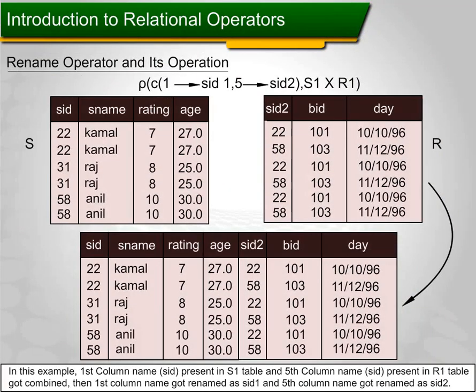In this example, the first column name SID present in the S1 table and the fifth column name SID present in the R1 table got combined. Then, the first column name got renamed as SID1 and the fifth column name got renamed as SID2.